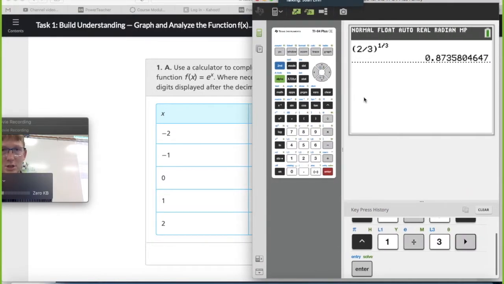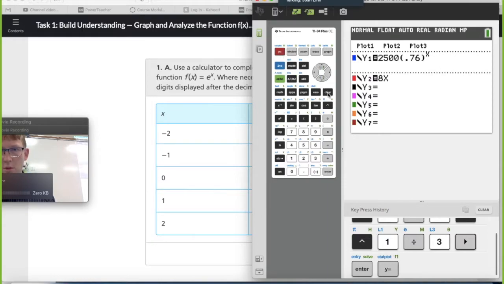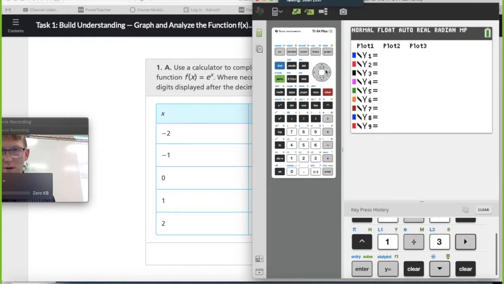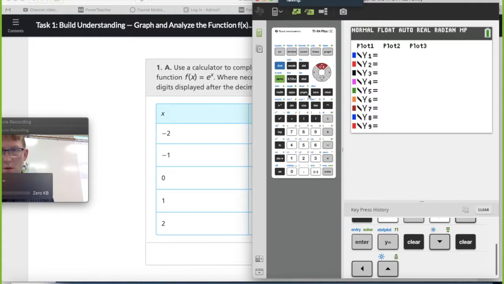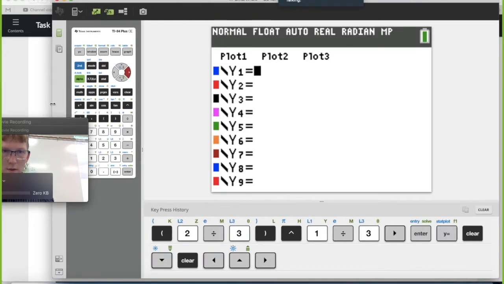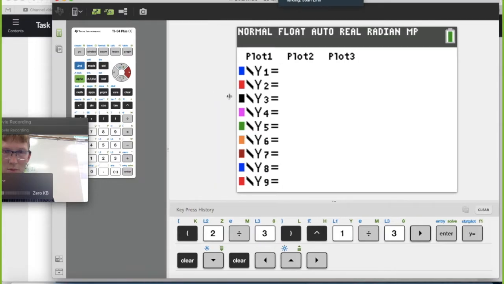I'm actually just going to use my y equals function because I think that'll be easier to make a table. So I'm going to go into y equals and we're going to say y equals... hang on, let's make this bigger so you can see it.